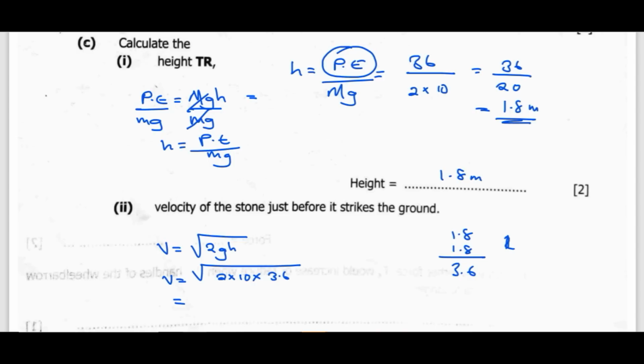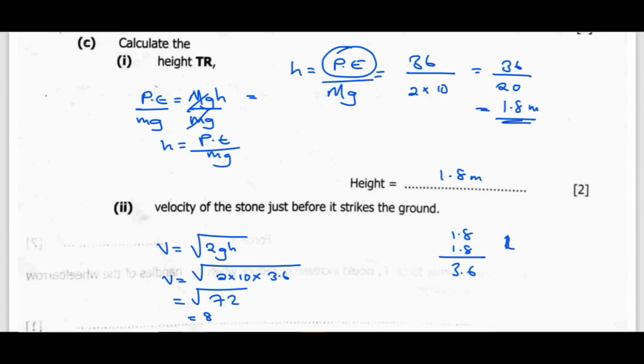So when we calculate on the calculator, you'll find that this is 20 times 3.6, so we're going to have 72 here, and then let us find the square root of 72.